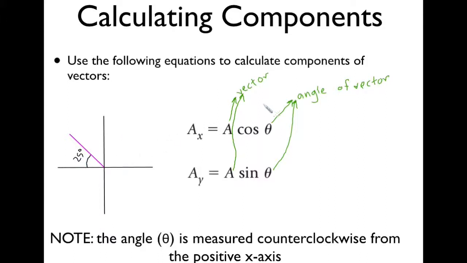Now when you want to get your vectors, this angle is not that 25 degrees. This angle is this one, which is 180 minus 25. So just keep that in mind when you're doing these problems. The angle they give you may not necessarily be the actual angle. You may have to do something like that to change it. Because in this one, we would actually put 155 degrees in for theta, not 25.